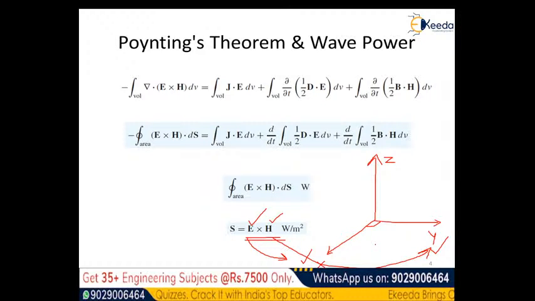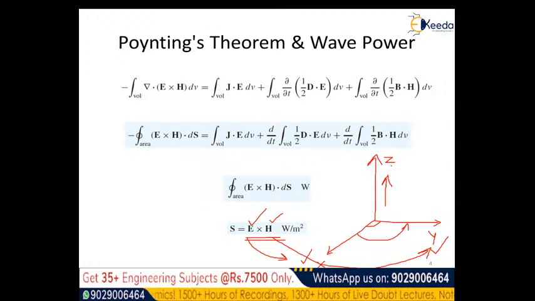By taking the cross product and using the right-handed coordinate system, our curved fingers are directed from the positive x direction to the positive y direction. The thumb gives us the direction of the resultant cross multiplication.